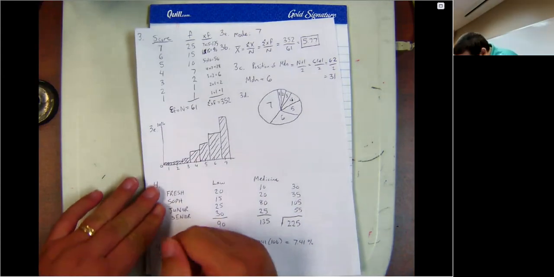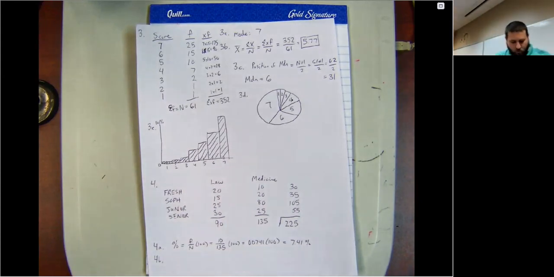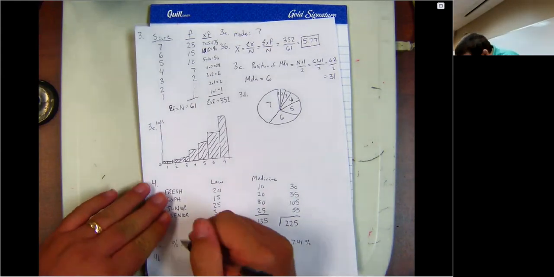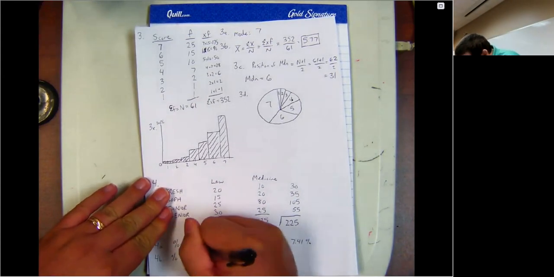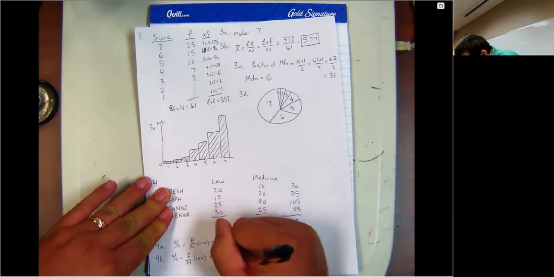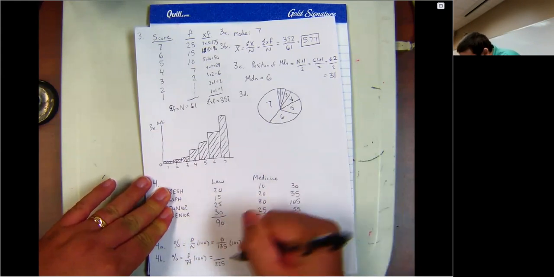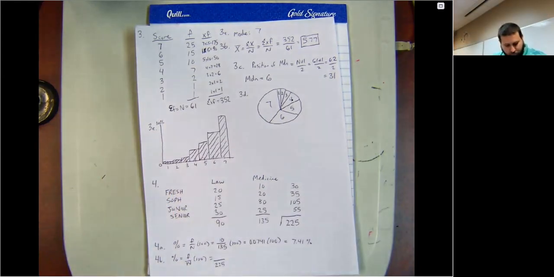Now, for B, what percentage of students who study more than 30 hours per week are juniors? So what percentage of students are juniors? Well, percentage is equal to frequency over N times 100. That N is how many total students, 225, right? And how many of those total students are juniors?